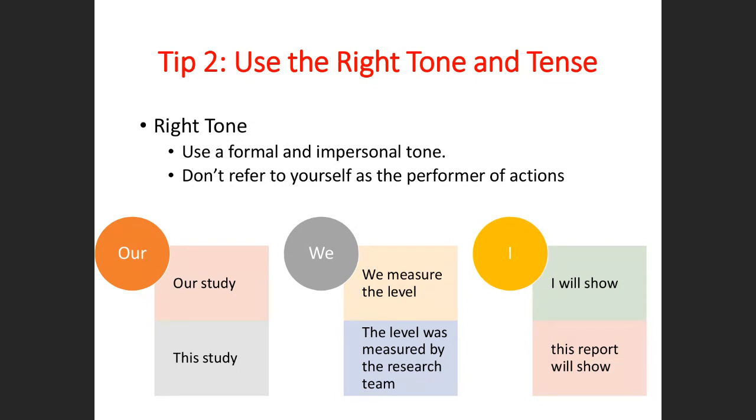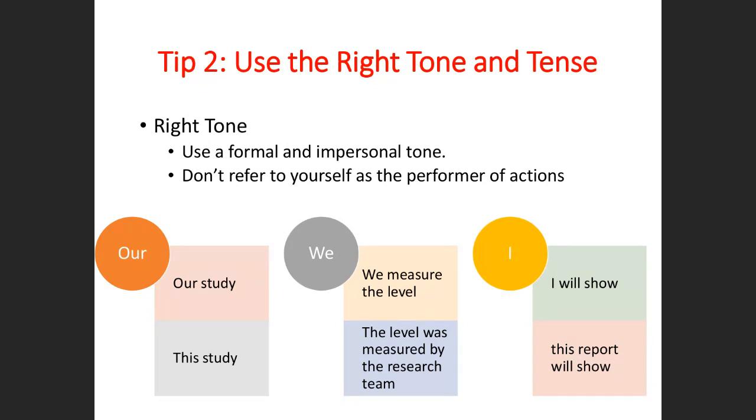Also, avoid using "we measured the level of the protein." Instead, use "the level of the protein was measured by the research team or by the scientists." It's always better to use an active voice instead of the passive voice.